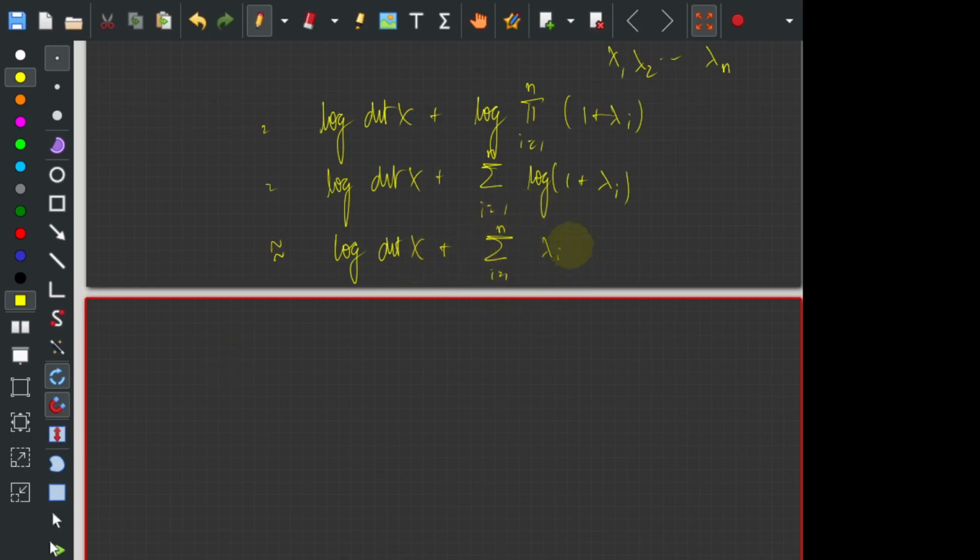But what is the sum of the lambda i equal to? Yes, sir. It is the trace of x to the minus half delta x times x to the minus half.